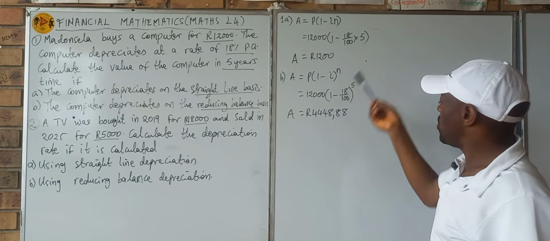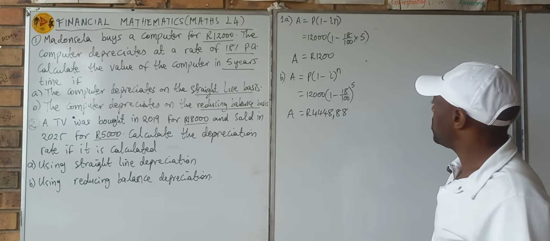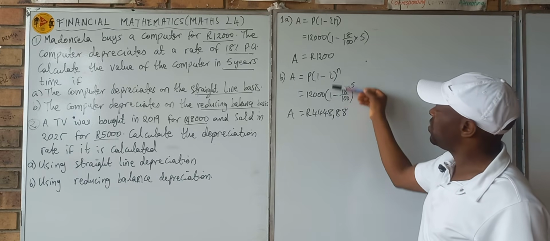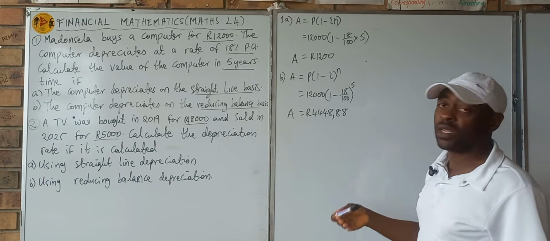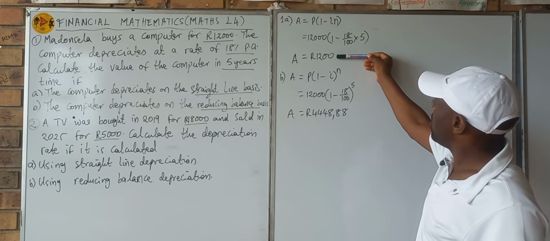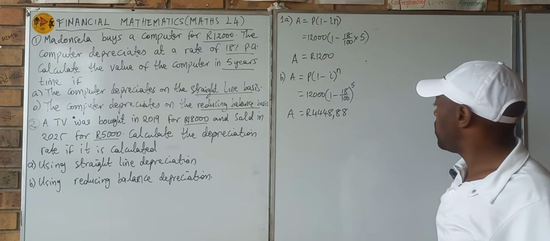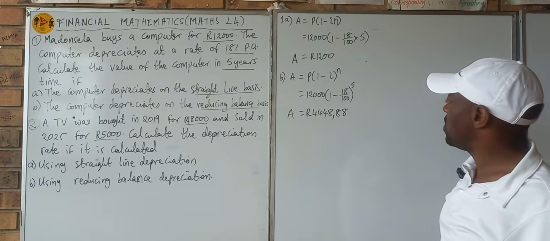If you were asked which method of depreciation is better to reduce your asset, you will always settle for the reducing balance method because your asset loses value slowly. That's why with straight line we only have 1,200 worth of the asset, but here we've got 4,448.